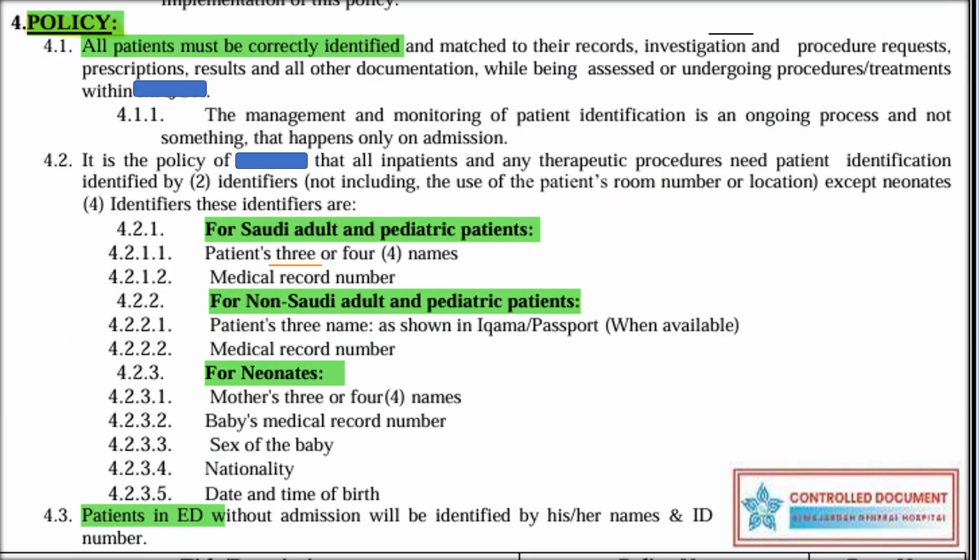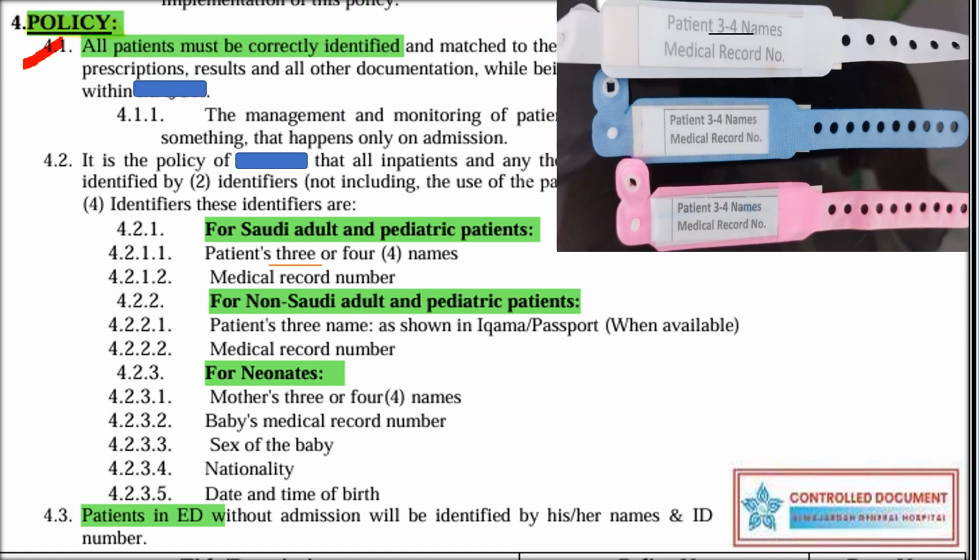Okay, now moving on to the patient identification policy. It states in our policy that all patients must be correctly identified and matched with the records, investigation and procedure requests, prescription results, and all other documents while being assessed and undergoing procedures or treatment in our institution. It is the policy of our institution that all inpatients and any therapeutic procedure need patient identification using two identifiers.